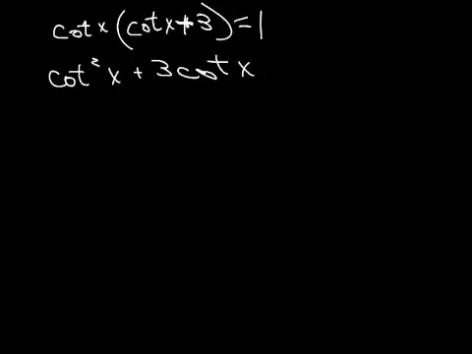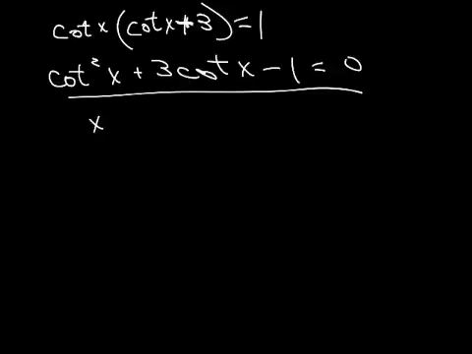And we'll set it equal to 0, so we'll subtract 1 equals 0. And notice what I have, a squared, an x, and no variable. So I really have an x squared plus 3x minus 1 equals 0, don't I? If I were to substitute cotangent squared of x with x squared and cotangent of x with x. So I'm just making cotangent of x, x, and then I square it.